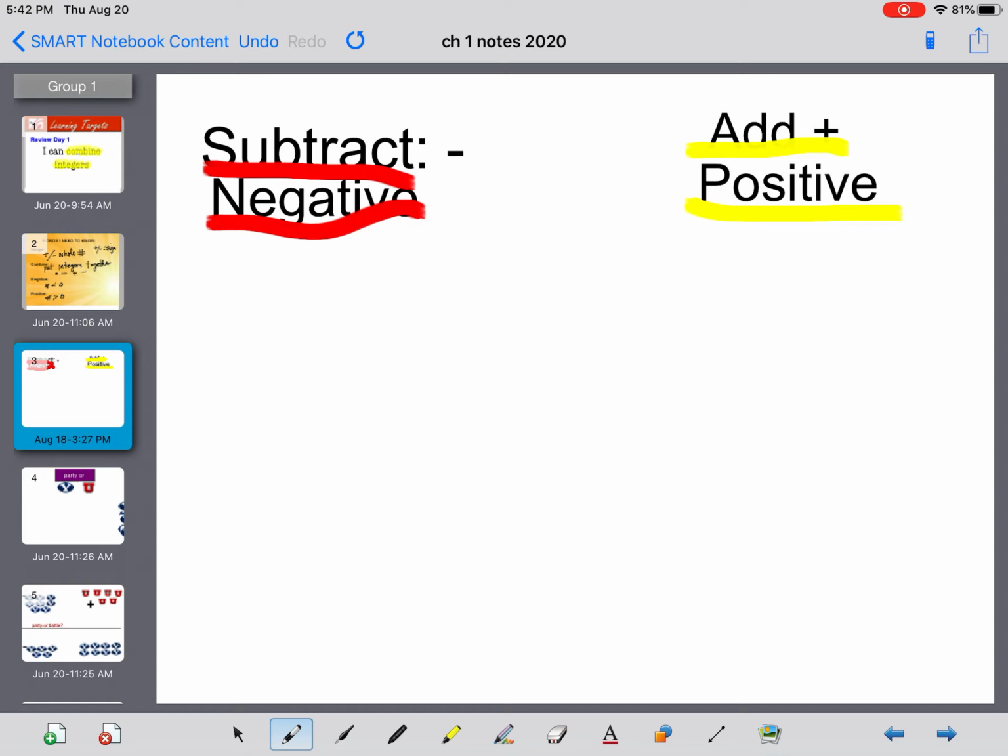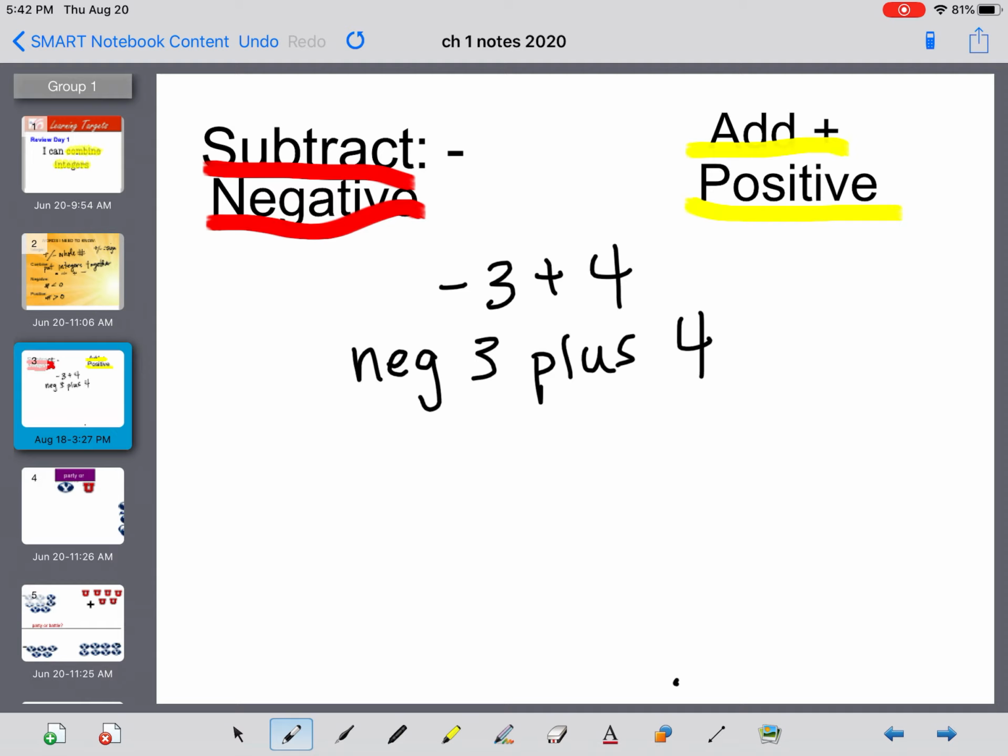All right, so if I write this problem, -3 plus 4, and I'm just going to write it out in words. How do I know that this is a -3 and that this was a plus? How do I know that? Well, maybe I don't, right?